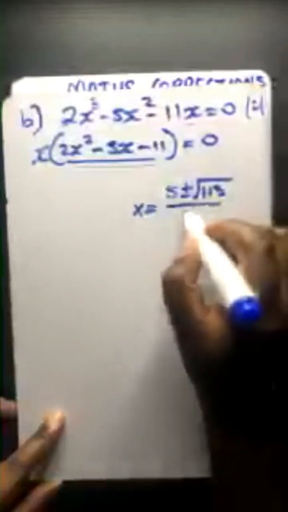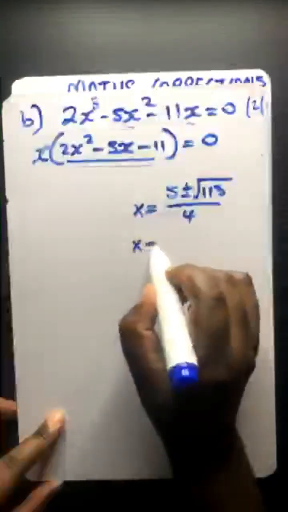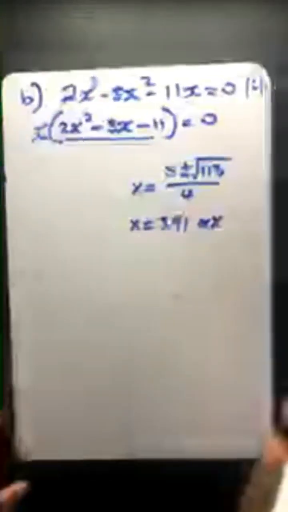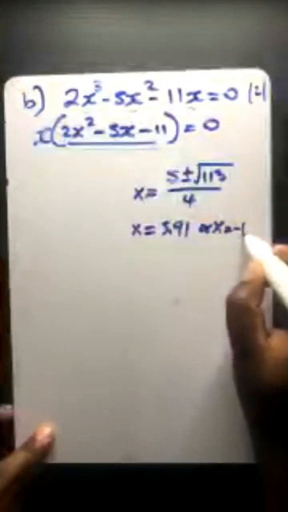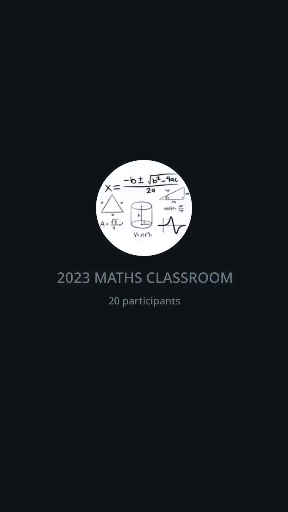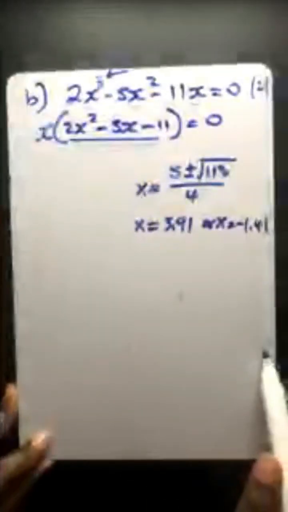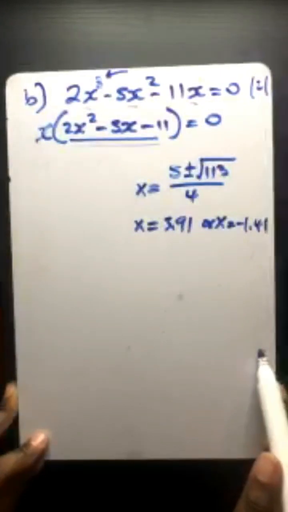So you can do a shortcut and say it's actually 5 plus or minus the square root of 113 divided by 4, whereby when you punch this separately, one is going to give you a decimal of 3.91, and the other one a negative 1.41. But most importantly, remember, if you have the highest degree being 3, it means when you solve for x, you need to provide 3 possible values.